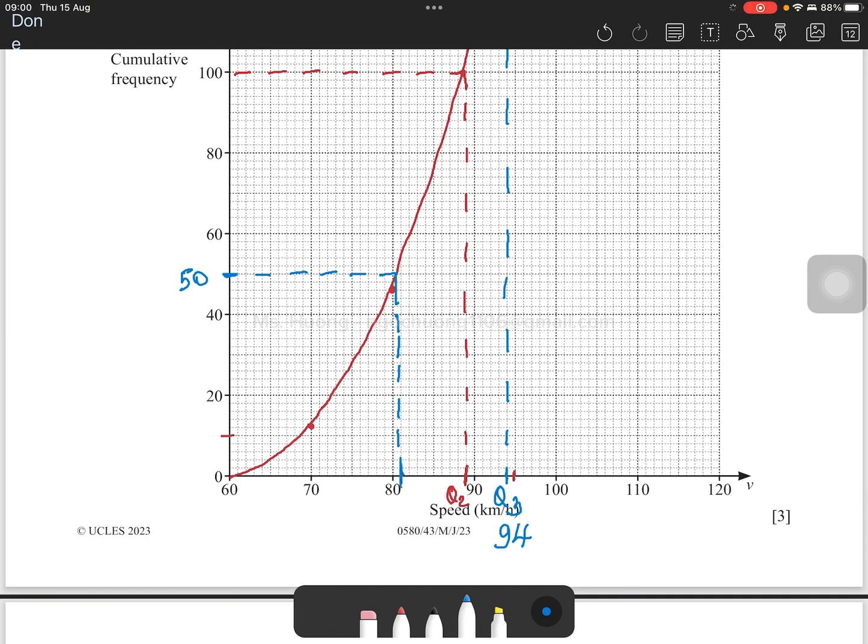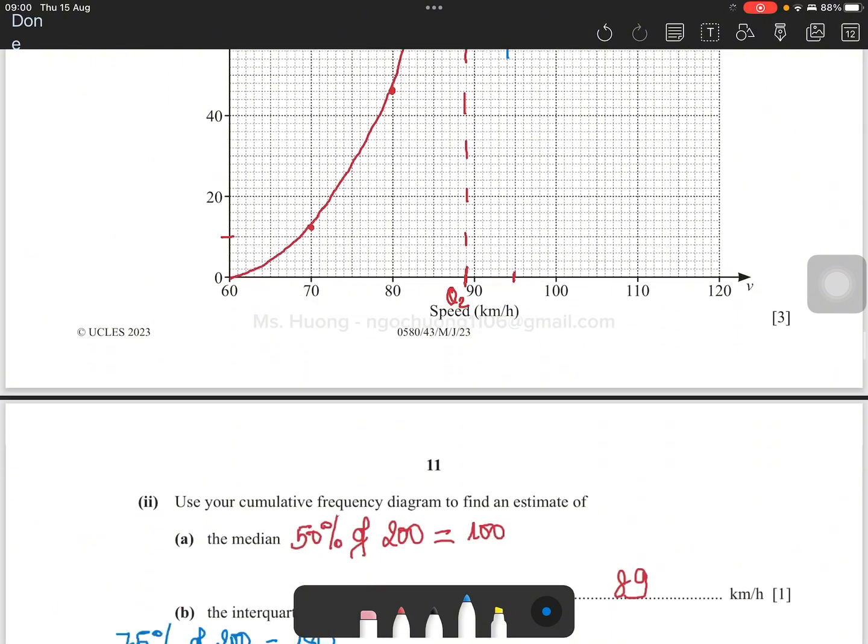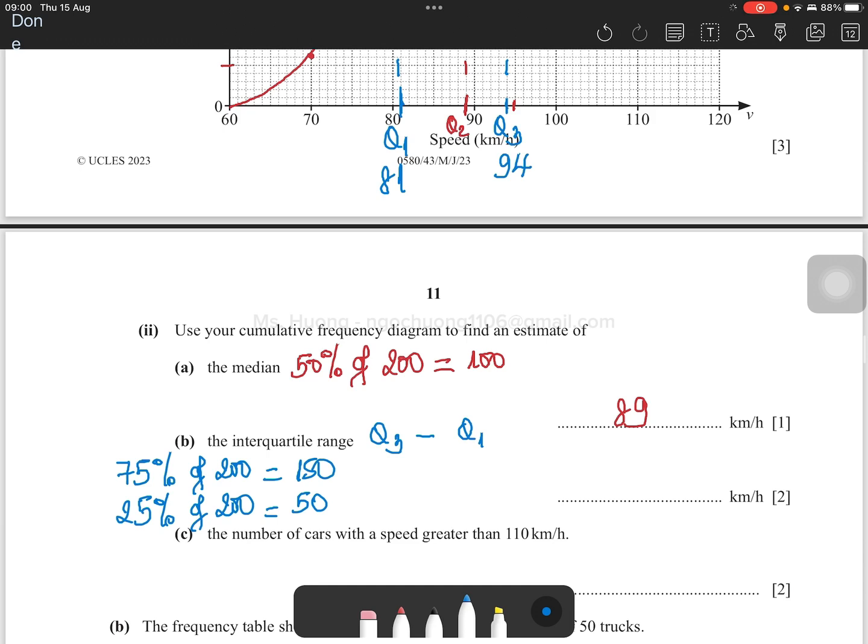This is around 81. Q1 is around 81 kilometers per hour. So Q3 is 94, subtract Q1 81, and the answer is 13 kilometers per hour. So this is the interquartile range.